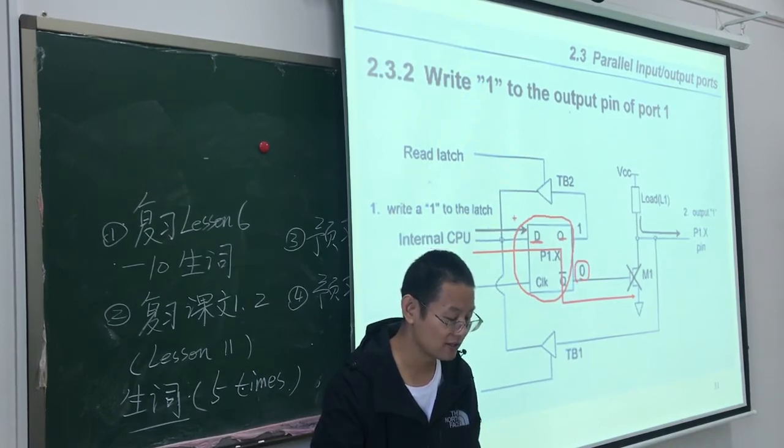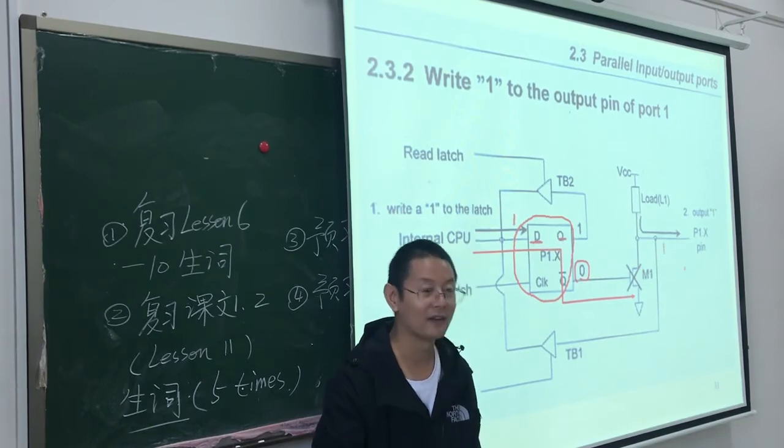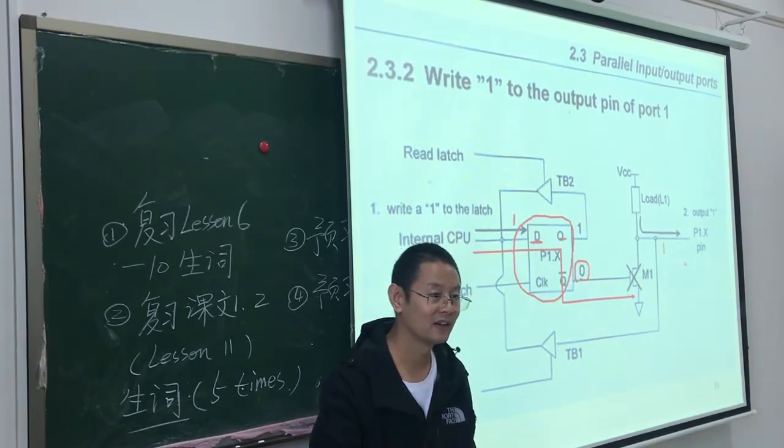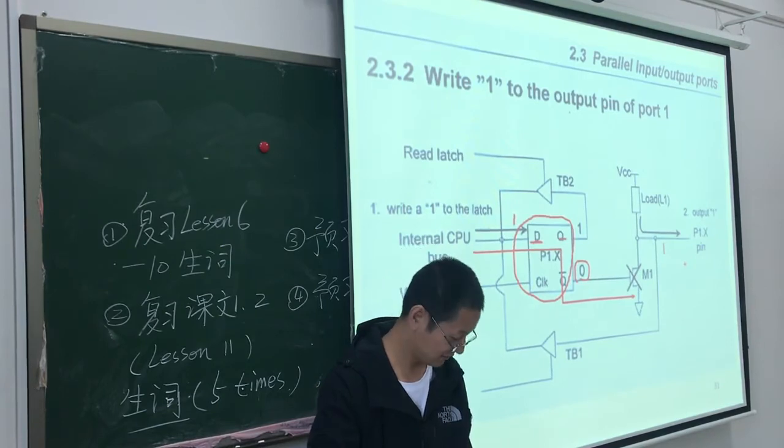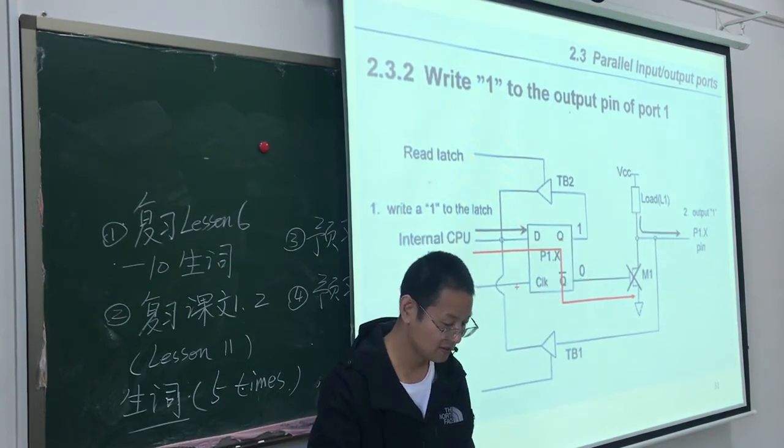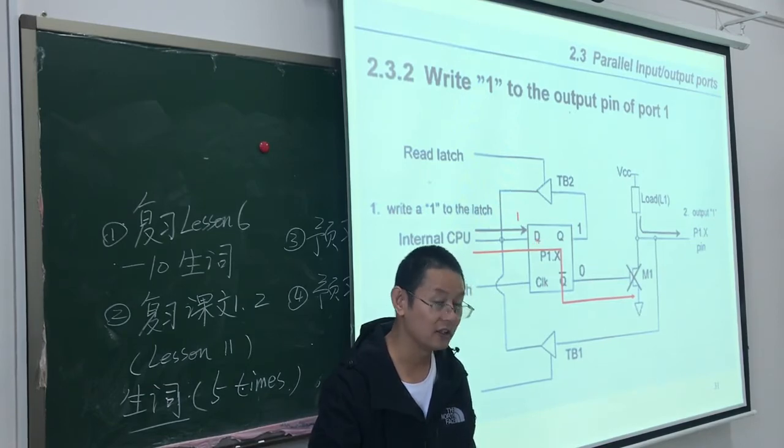So we write 1 to D, and we get 0 at Q bar.